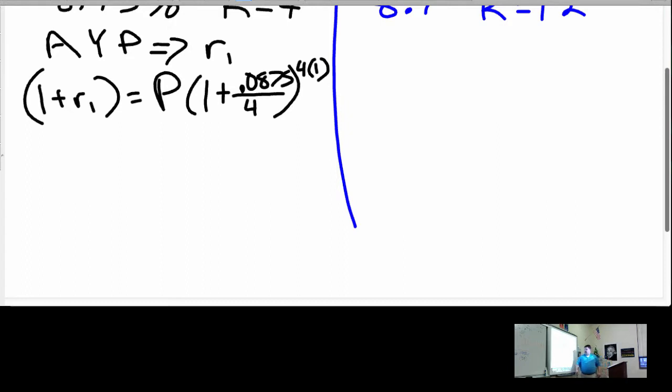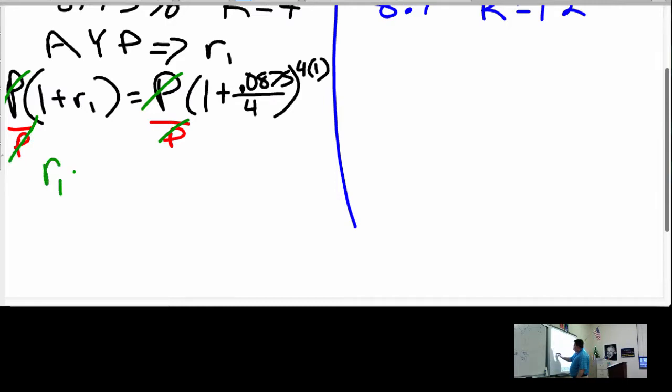Now here's the thing. If I have the principal here, and technically I should have the principal here, if I divide both sides by P, the principal cancels, right? So this is like a generalized formula from example number 6, because they're both multiplied by the principal on the left and right hand side. Therefore, we can divide both sides by the principal, and they kind of cancel out. So I could solve this.